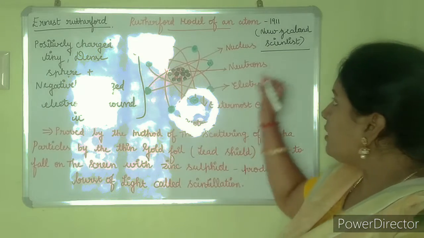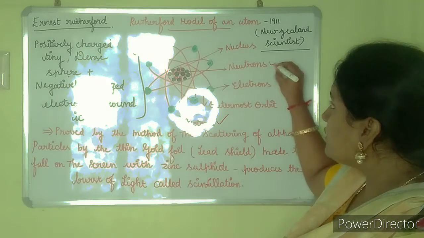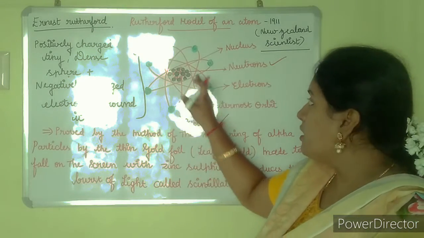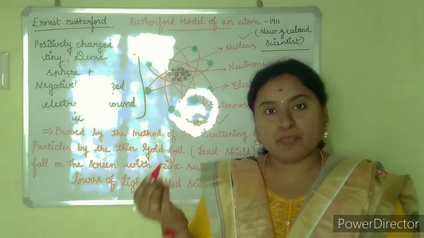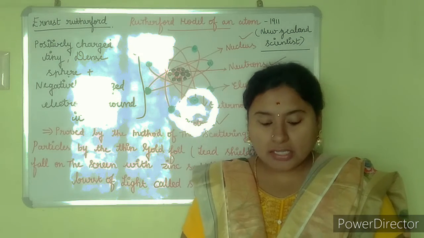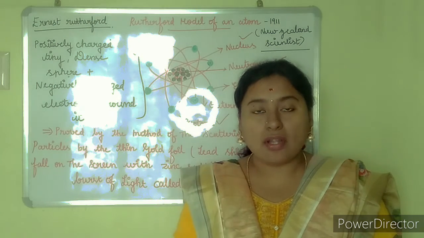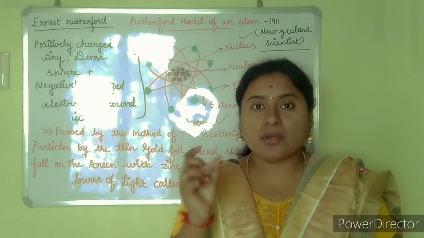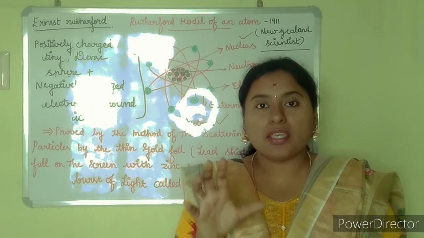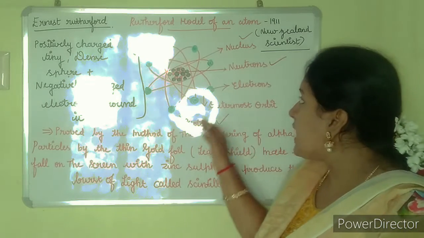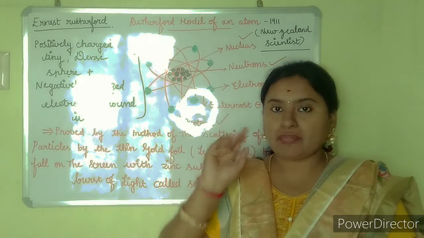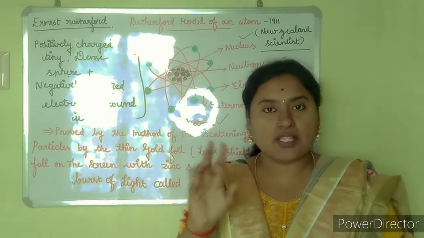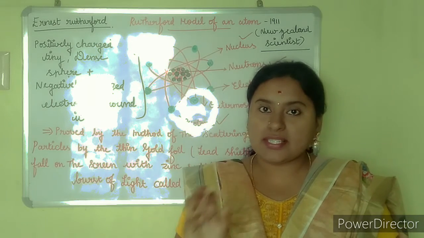Both the protons and the neutrons are present inside the nucleus. These protons and neutrons are otherwise called nucleons. Nucleons is the common term used to represent the protons as well as the neutrons present inside the nucleus. These are the two subatomic particles present inside the nucleus of the atom.